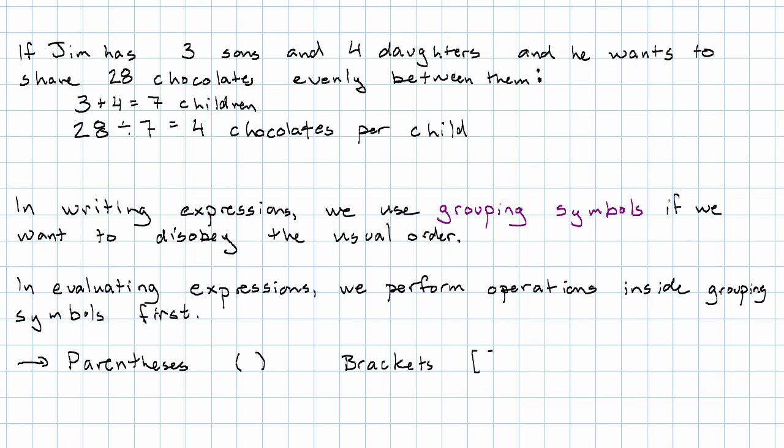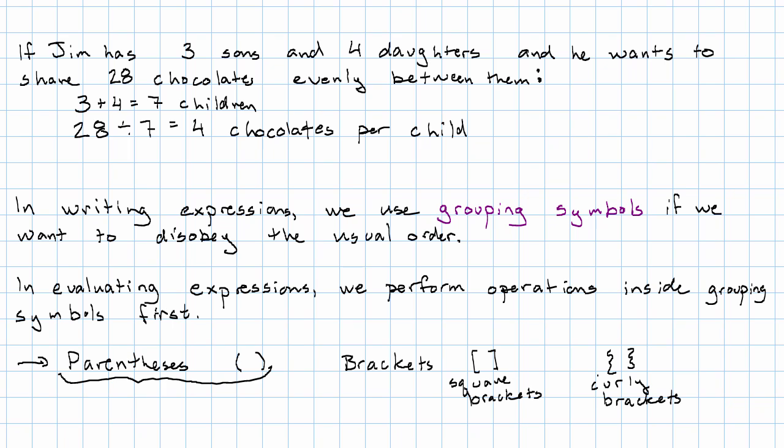We might use square brackets. We might use curly brackets. But the only reason we use those is if we have lots and lots of parentheses and we want to make it easy to see the difference. It is totally okay to only ever use parentheses.